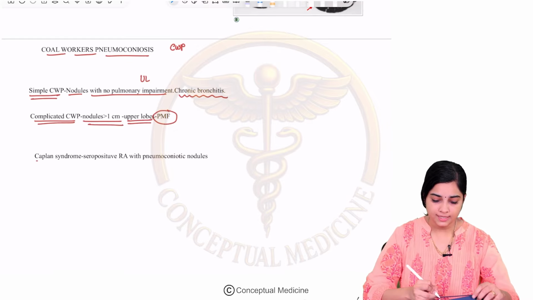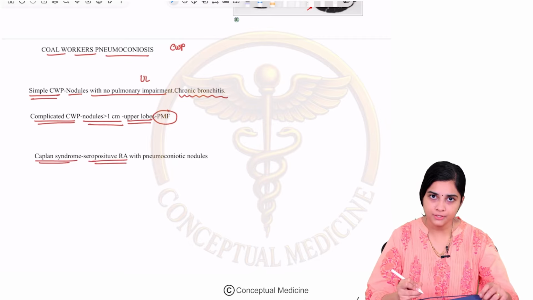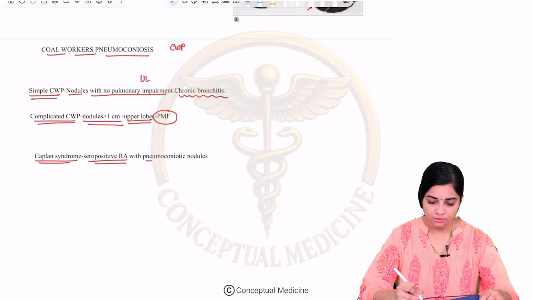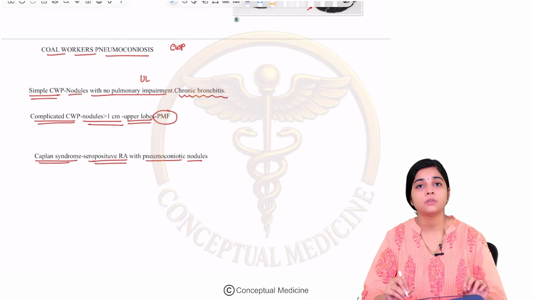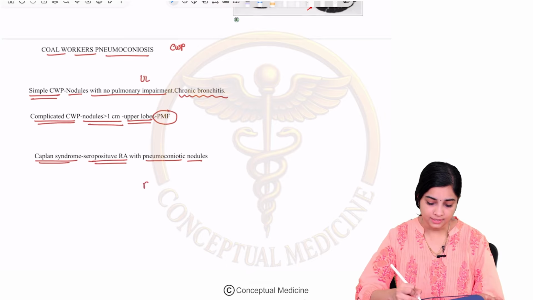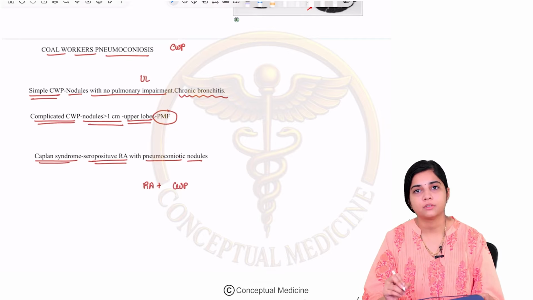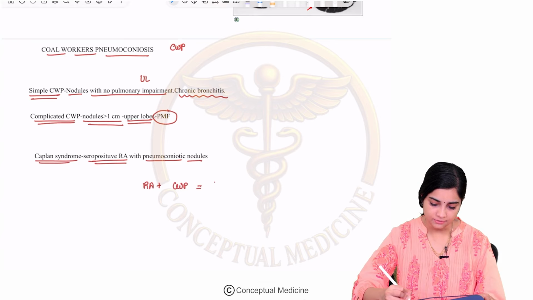Okay. Now, what is Kaplan syndrome? Seropositive rheumatoid arthritis patients can have pneumoconiosis as well. So pneumoconiotic nodules with seropositive rheumatoid arthritis, that is RA, with coal workers pneumoconiosis, is what we call Kaplan syndrome.